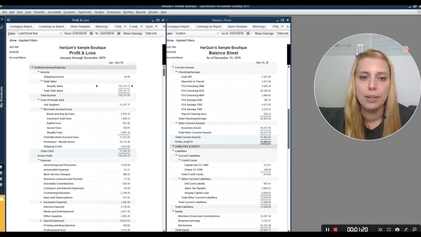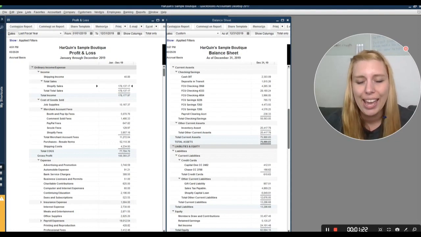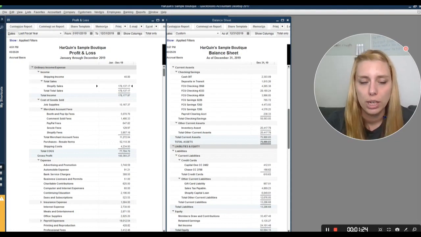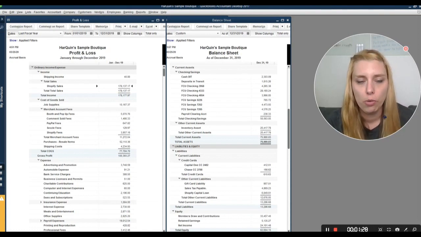Everything that's on the desktop version is in QuickBooks Online, except for some accountant features, some fancy features that you wouldn't use anyway. The desktop version is a little bit more robust, but for everything you guys are using, QuickBooks Online has the same tools. I'm just showing you because it's a little bit easier.